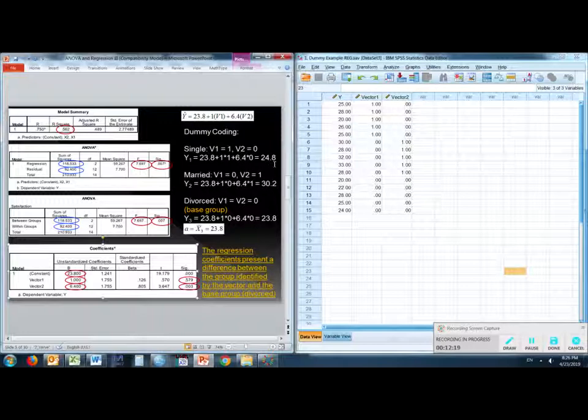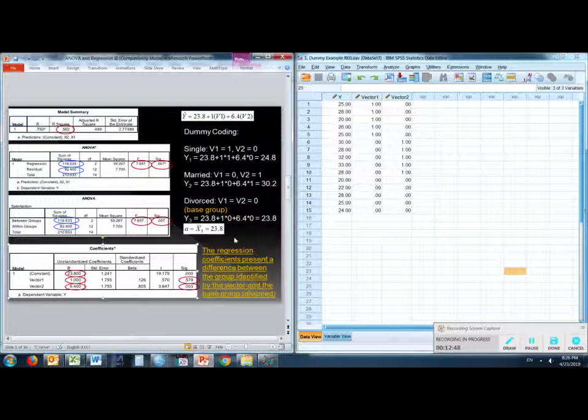That is the mean for the single group. For the married group, we know that vector 1 is 0, vector 2 is 1. So to predict the y score for the married group, it is 23.8 plus 1 multiply 0 plus 6.4 multiply 1, which is 30.2. That is the mean for the married group.